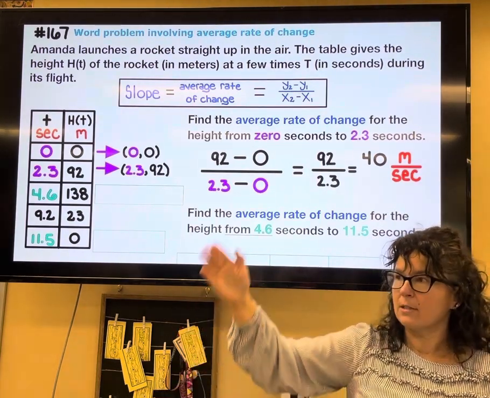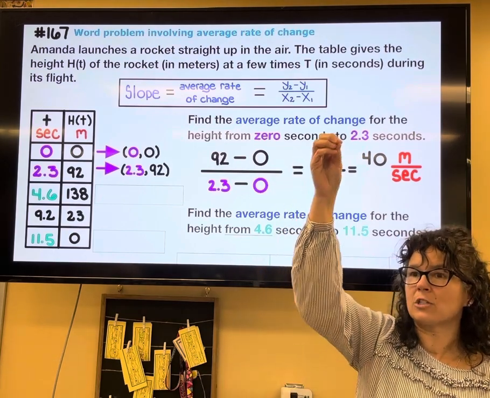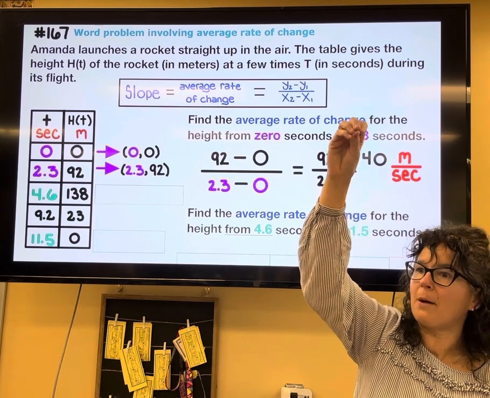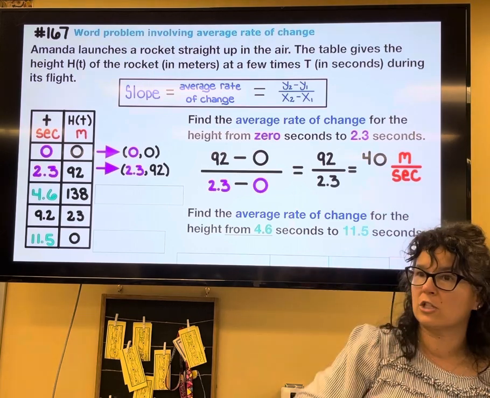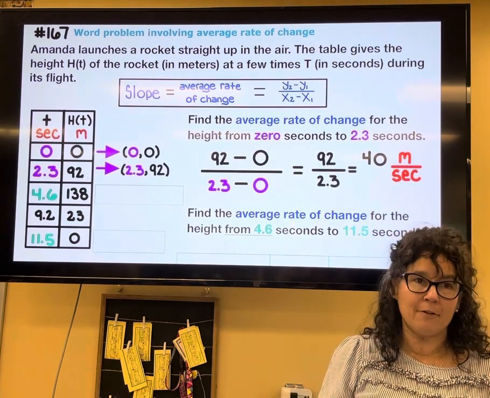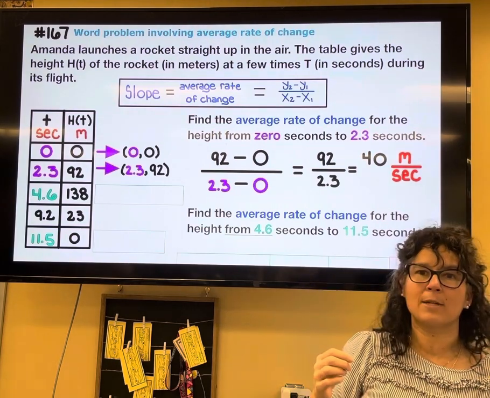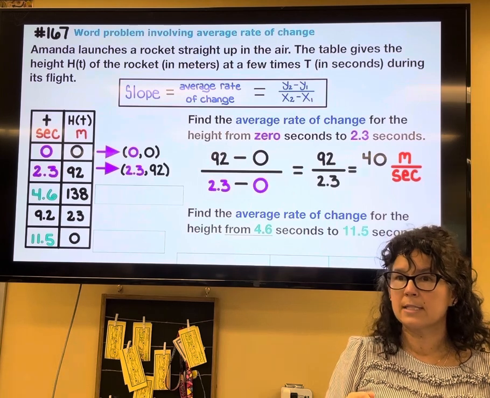And it was going up, up, up, up, and it's getting faster, faster, faster, faster, eventually starts slowing down, then it stops for just a second at the top, and then it starts dropping faster, faster, faster, faster until it hits the ground. But on average, from 0 to 2.3 seconds, this rocket was going 40 meters per second.